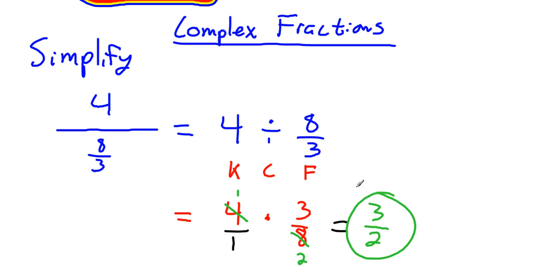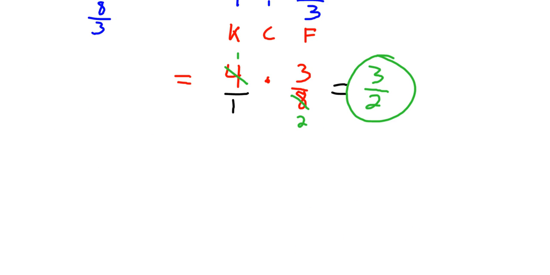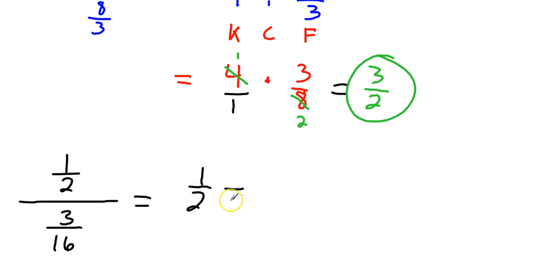And about the only other thing they can do on those is do something like this, where you've got a 1/2 over 3/16. But it's still the exact same setup, because technically it's 1/2 divided by 3/16.